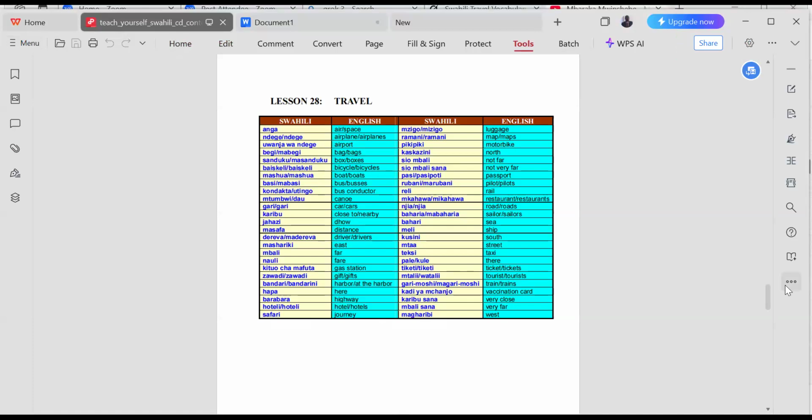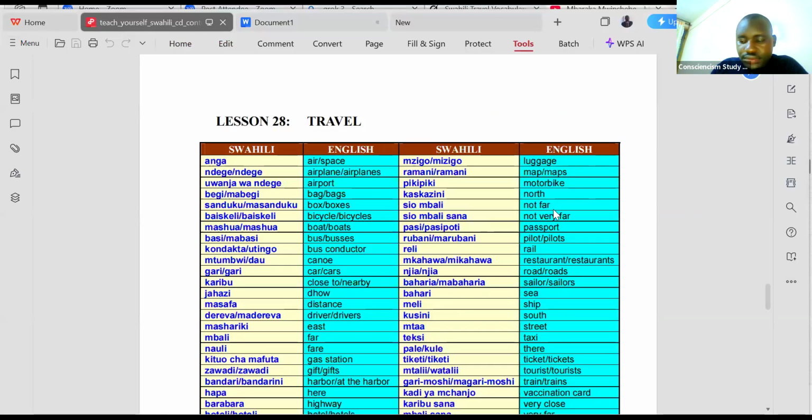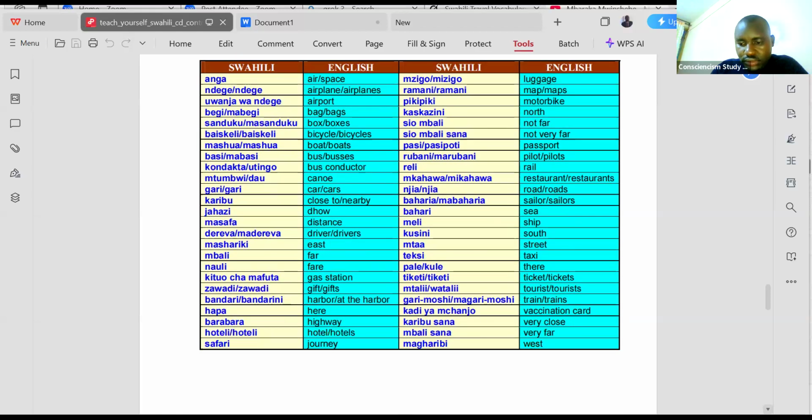Sorry about this. Maybe it's the magnifying glass on the right. Okay, I'll try to see how I can expand it. Is it better now? Can you confirm? Yeah, let's increase it.